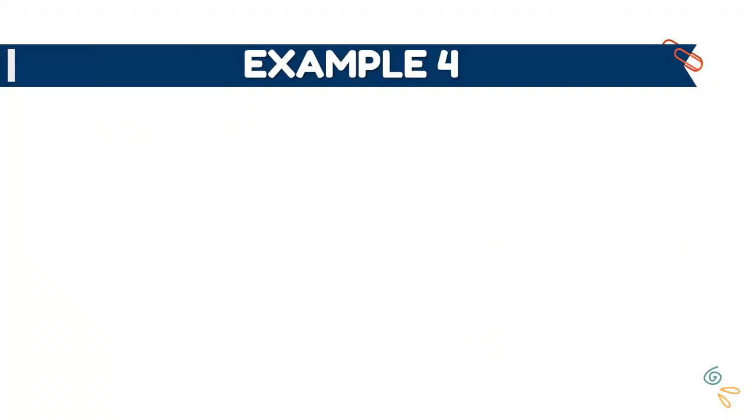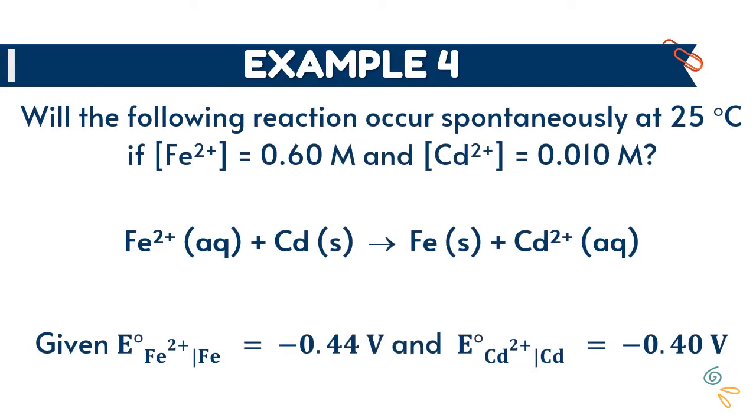So last example, example 4. Will the following reaction occur spontaneously at 25 degrees Celsius? So if Fe2 plus is 0.6 molar and Cd2 plus is 0.10 molar. So what is the equation? The equation is given here.